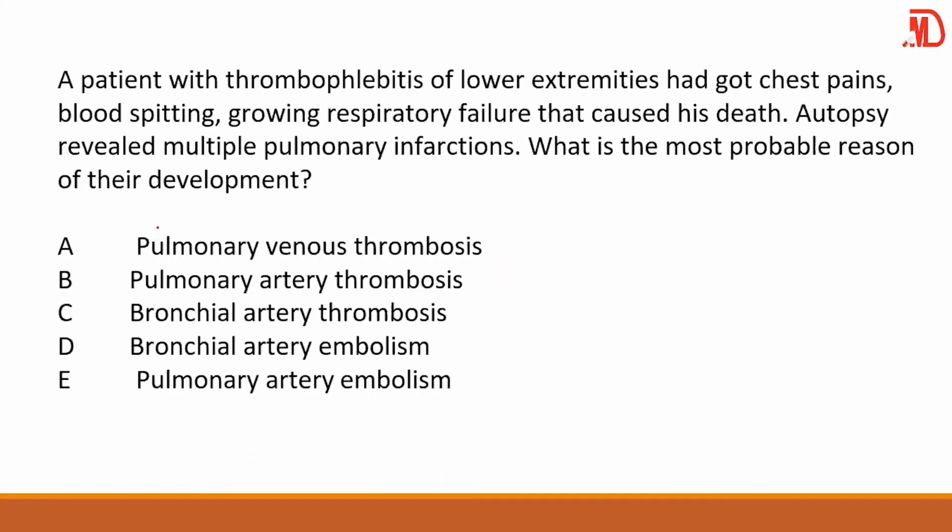A patient with thrombophlebitis, that means inflammation of the veins of the lower extremities, had got chest pain. Now, when the vein in the lower extremity is inflamed, there is thrombosis being formed.